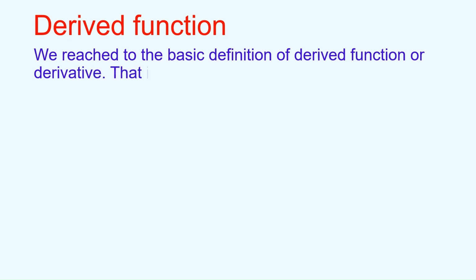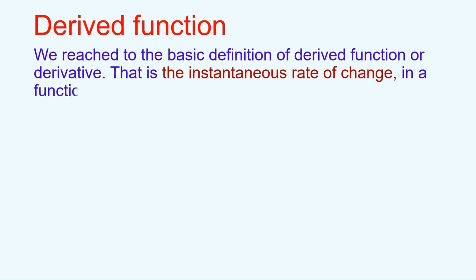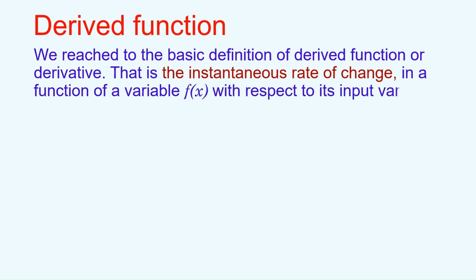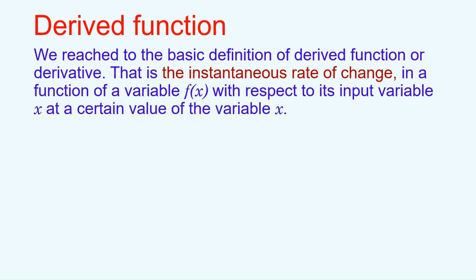We reached the basic definition of the derived function, or the derivative. That is the instantaneous rate of change in a function of a variable x, f(x), with respect to its input variable x at a certain value of the variable x.